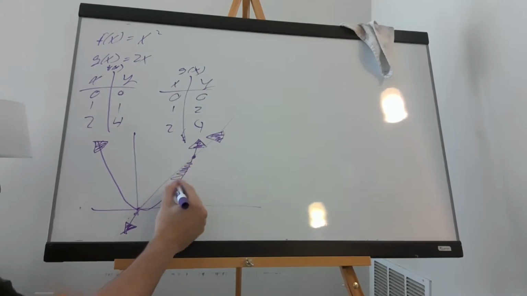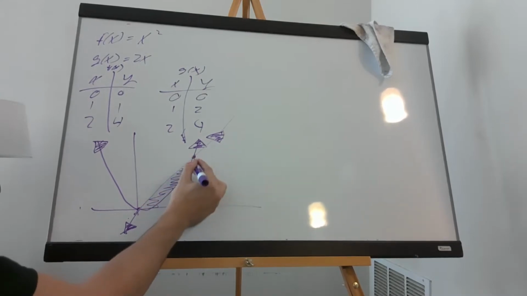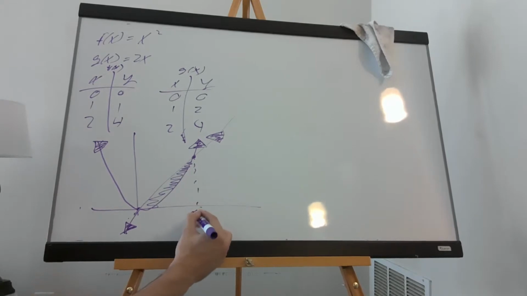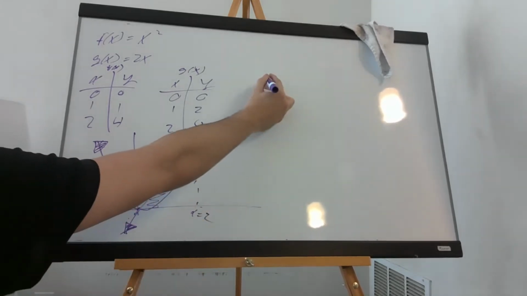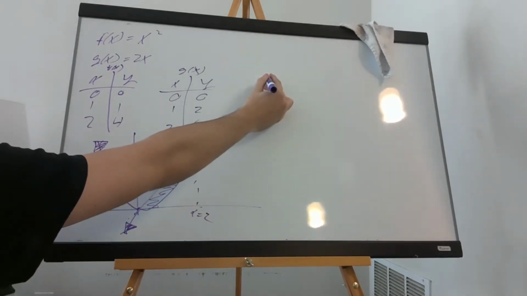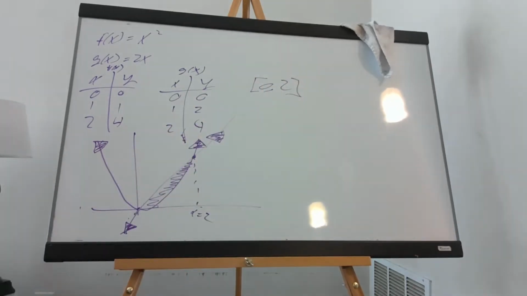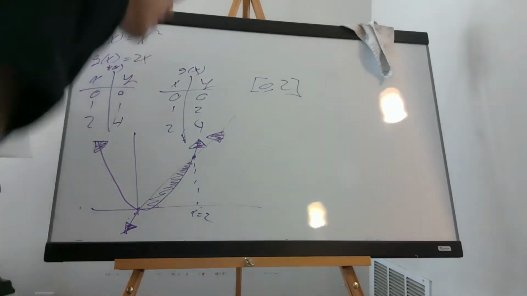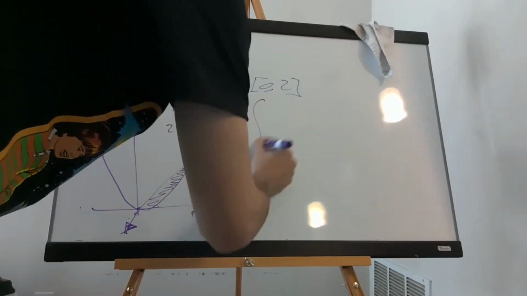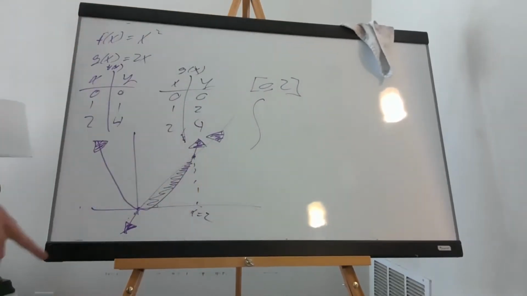So you'll probably find a question on the test that says, from 0 to 2, find the area between the graphs of x squared and 2x. And the way you do that is you just simply write it out as the integral of, let's see which one's on top here. So it would seem that 2x is the graph on top.